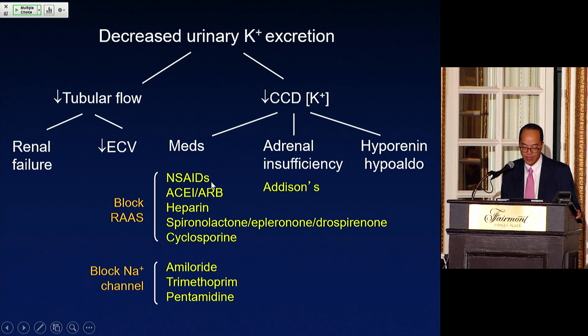So anything that leads to decreased aldosterone, like adrenal insufficiency or hyporeninemic hypoaldosteronism, medications that inhibit the renin, angiotensin, aldosterone system, including NSAIDs, ACE inhibitors, ARBs, heparin, aldo blockers, and CNIs, and drugs that block the sodium channel, all of these cause hyperkalemia.